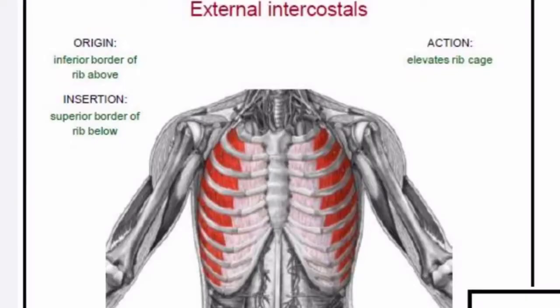Next is the external intercostalis in the ribs. The action is to elevate the rib cage. And then the internal intercostalis, the action is to depress the rib cage.